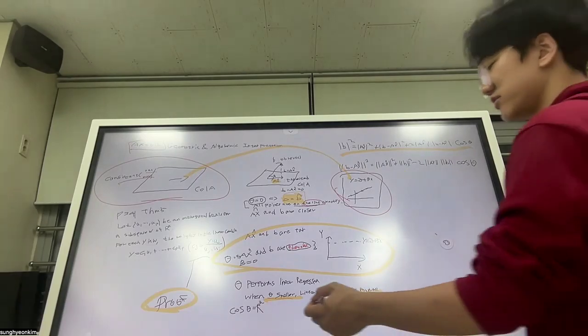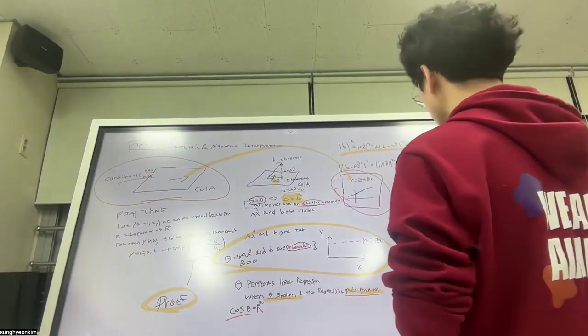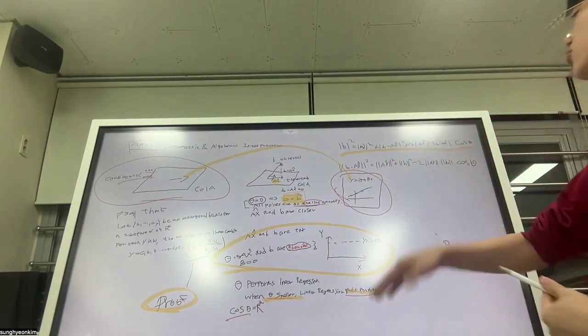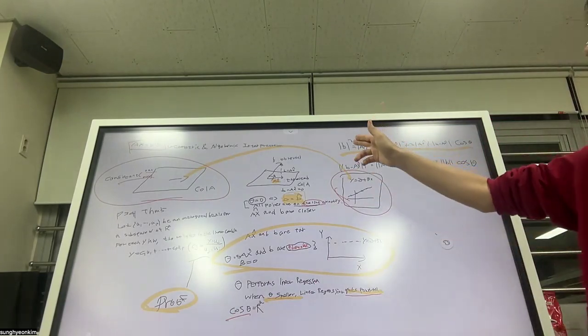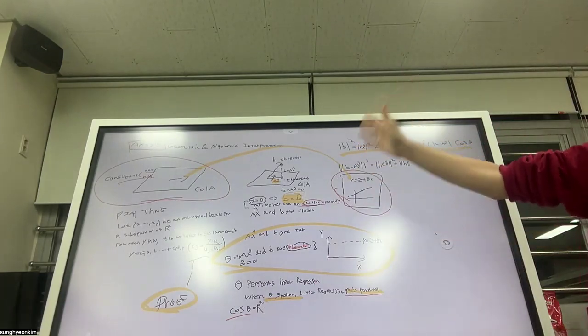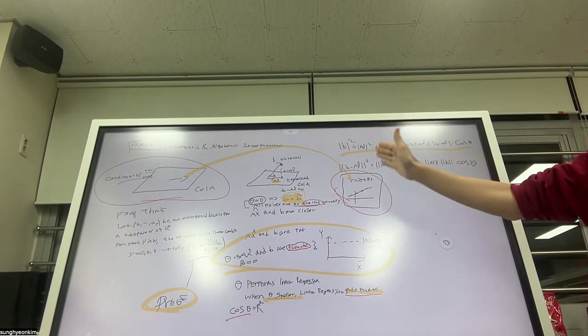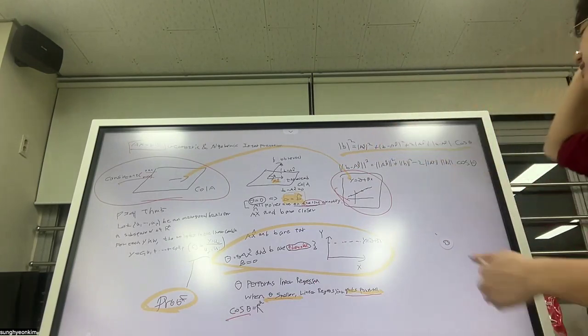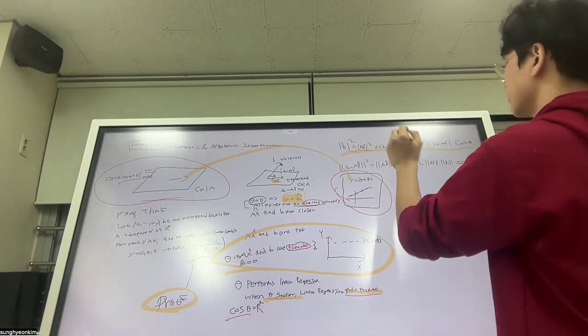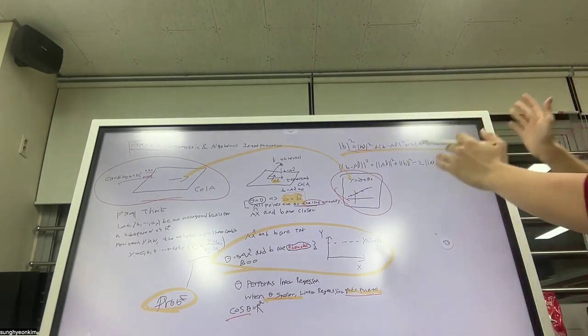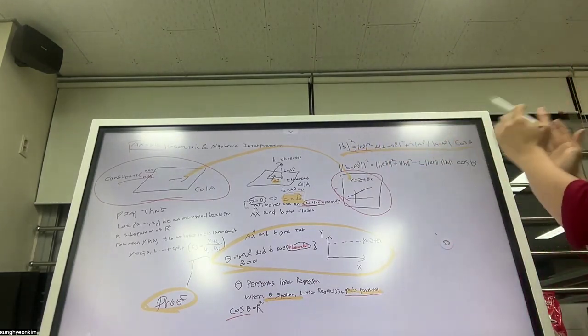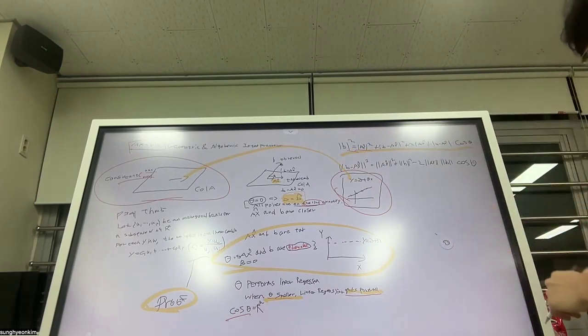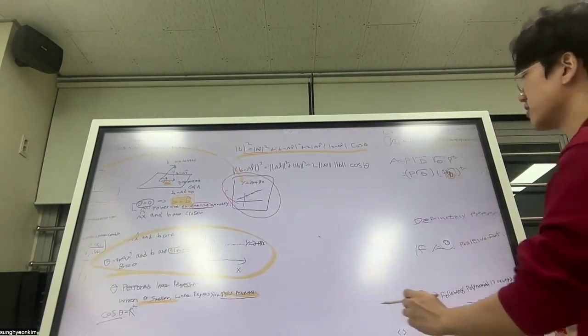It is actually cosine theta. We can derive it from the length of B squared equals the length of AX hat squared plus the length of B minus AX squared plus 2 times the length of AX hat times the length of B minus AX times cosine theta. We'll derive it next time.